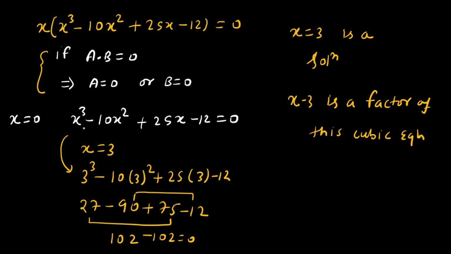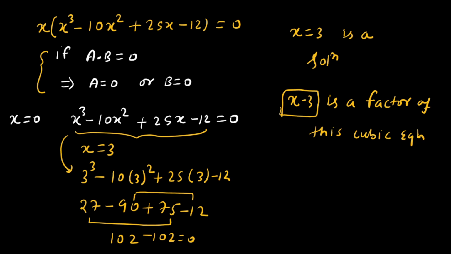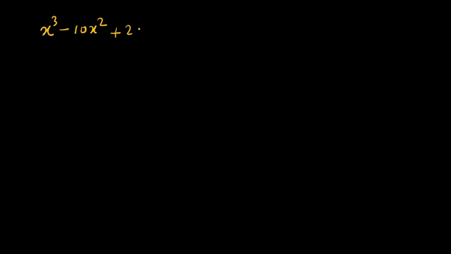Now if we divide this cubic by x minus 3, the cubic equation is x cubed minus 10x squared plus 25x minus 12, divided by x minus 3.